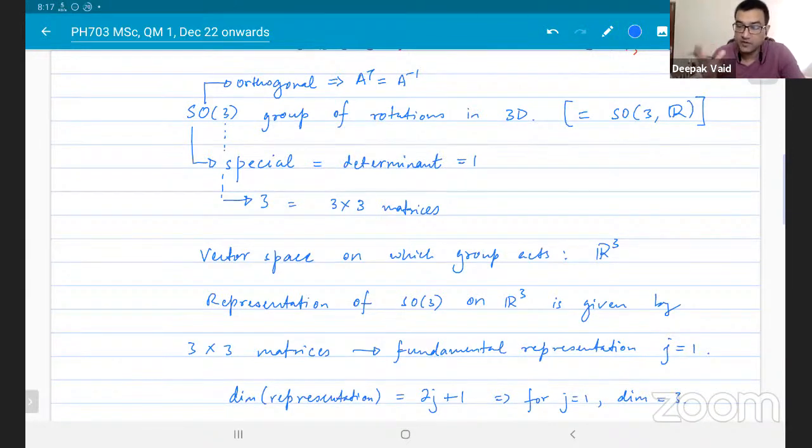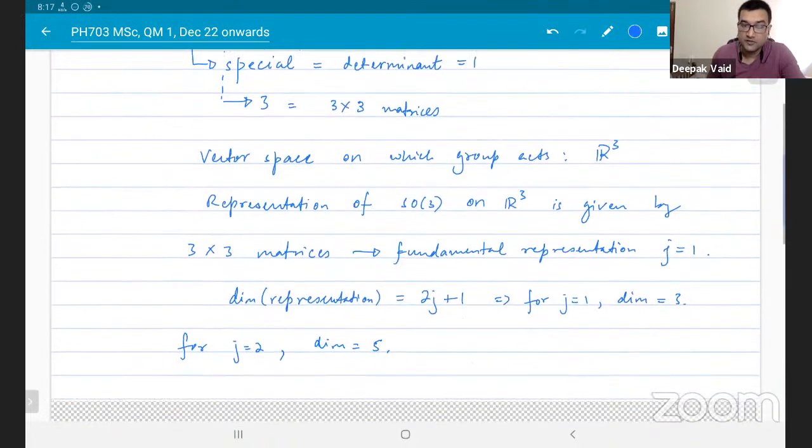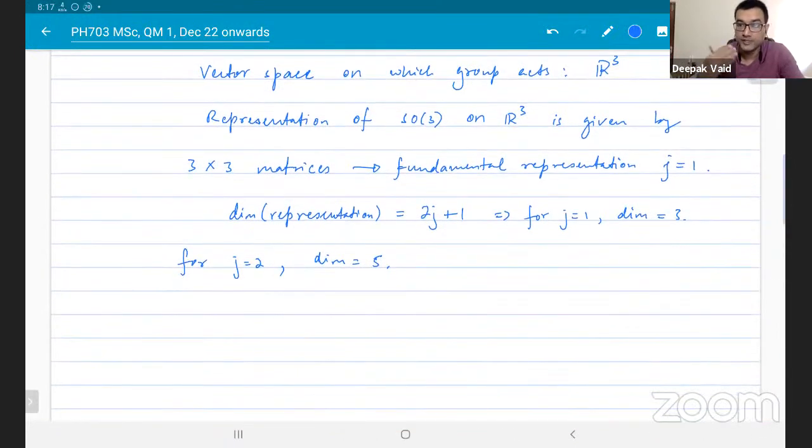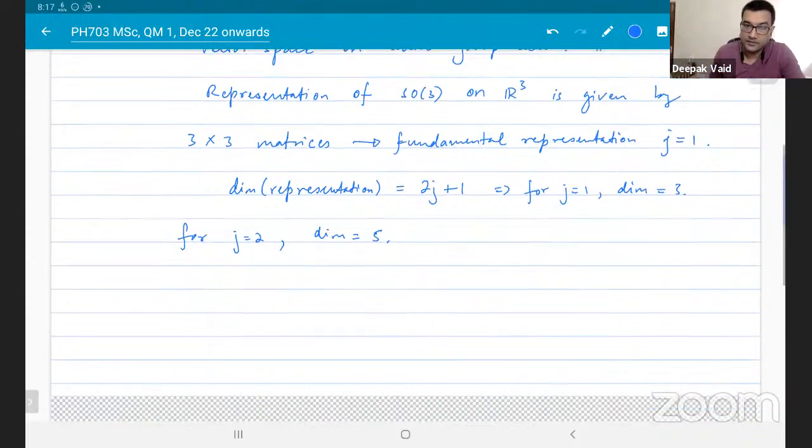Now, all of these things may not be very clear to you at this point, but that's okay. The terminology is also important, just understanding what the various words mean. Whenever you learn some subject, there is always a new dictionary, a lot of new terms like representation, fundamental representation, dimension, spin, action of the group, on which vector space it acts and so on.